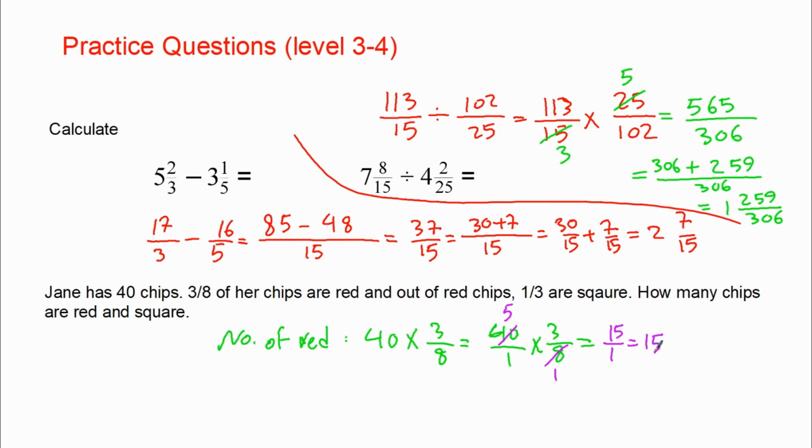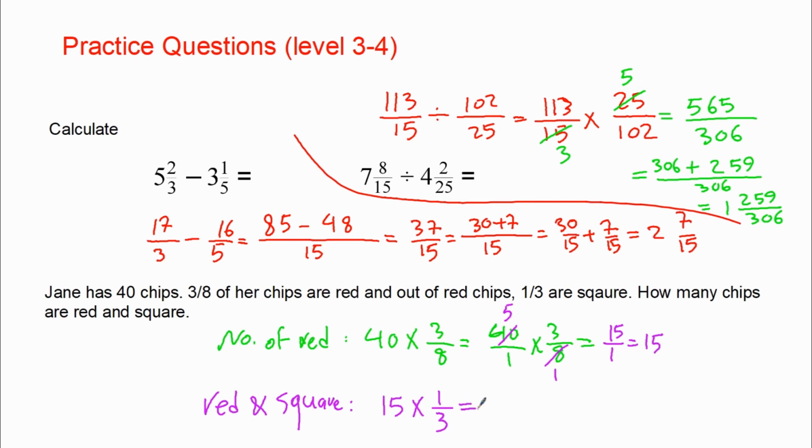The rest of the question says, and out of red chips, 1 over 3 are square. So we have 15 red, and out of red ones, 1 over 3 of them are square. So to get red and square, we need to do 15, which is the number of red, times 1 over 3, which is square.